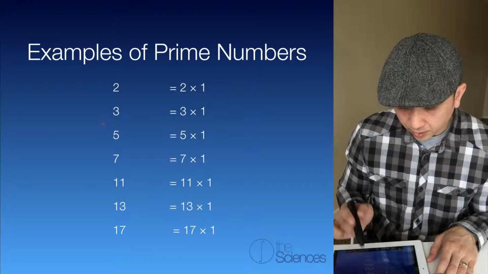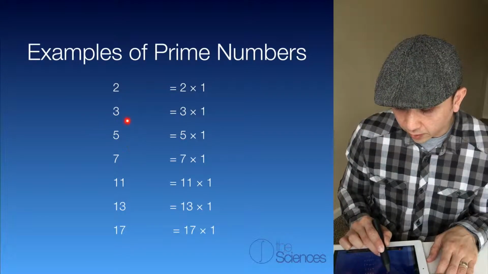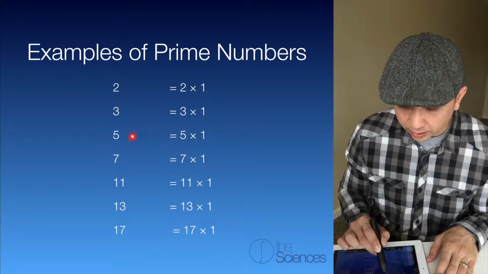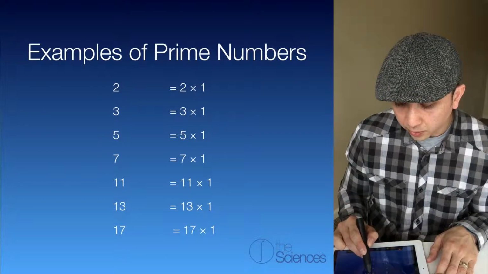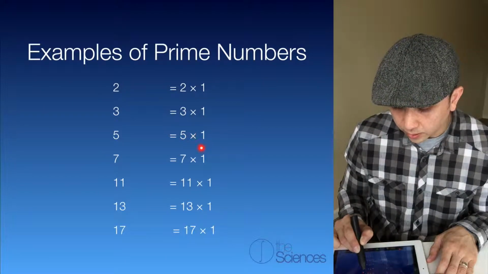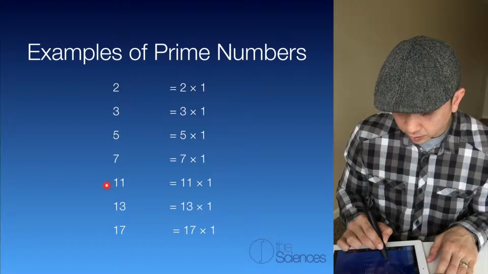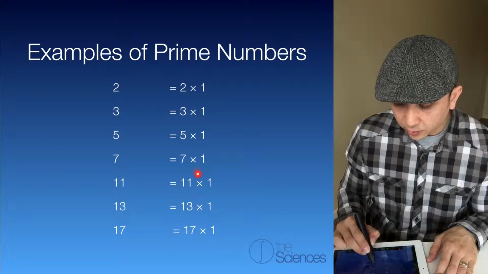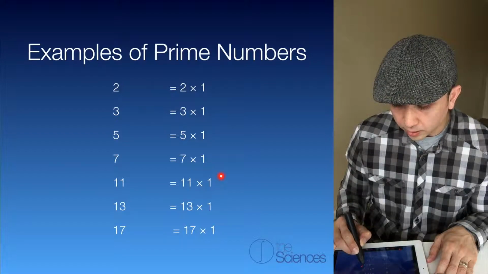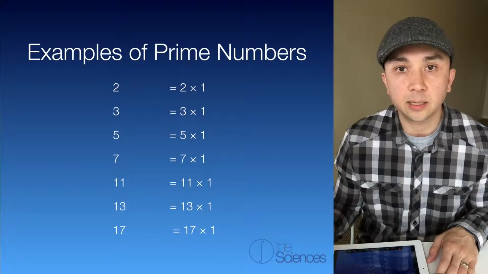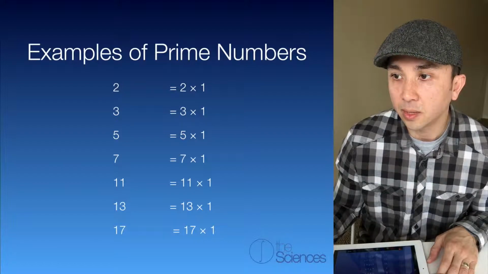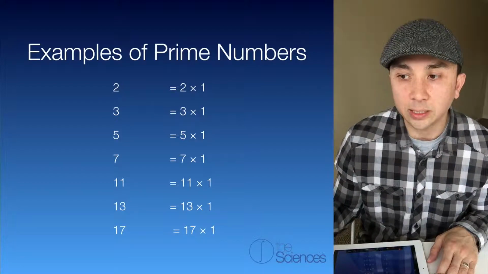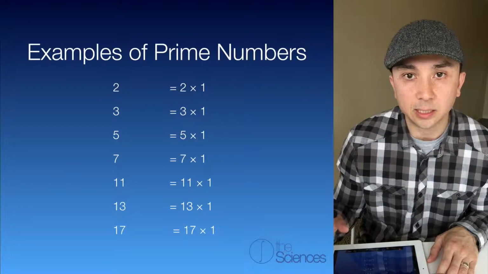Another example, let's look at 5. The only way you can get 5 is if you multiply 5 and 1. Now, let's look at 11. The only way you can get 11 is if you multiply 11 and 1. So a prime number is any natural number where the only way to get that number is to multiply itself and 1.